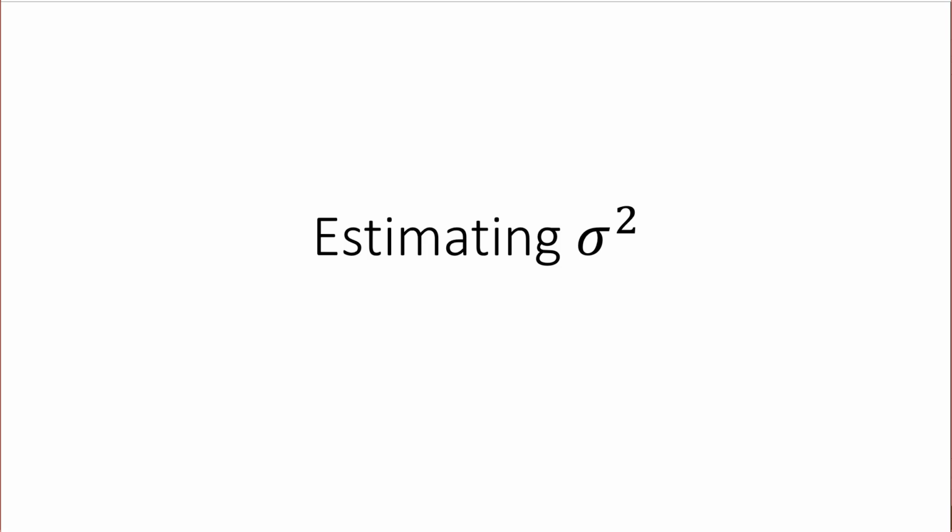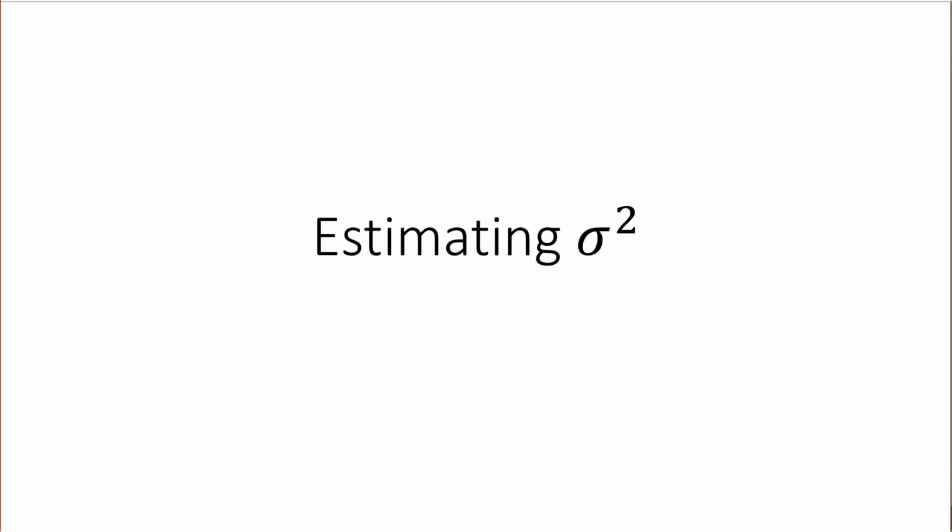The basic idea in econometrics, whenever we have an unknown parameter like sigma square, is to go ahead and try to find an estimator of it. And that's precisely what this lecture is about. We will try to figure out an estimator of sigma square. The estimator will be denoted by S square.